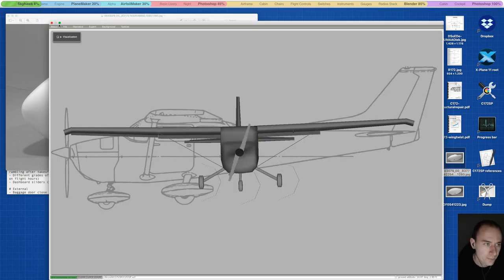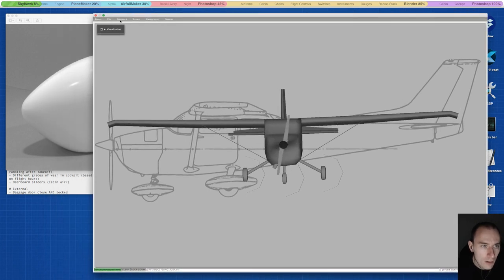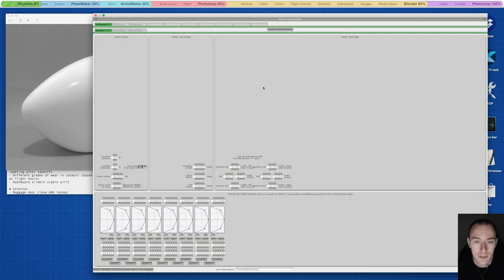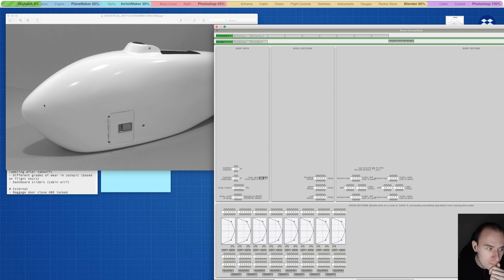PlaneMaker. That's the wheel fairings. Yeah. Multiple stations there. How many do we need? Well, it should always be closed off, I think, so no holes. So that's 1 point.